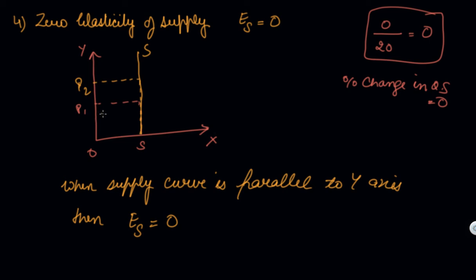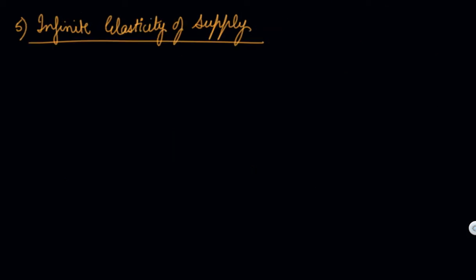So this shows that your quantity supplied remains constant with the change in your prices. Next, infinite elasticity of supply, which means your price does not change and there is a change in your quantity supplied. It is infinite, right?